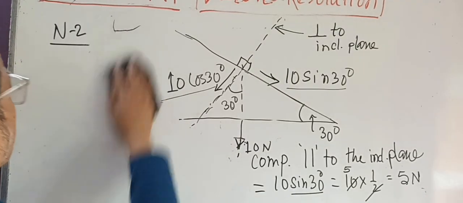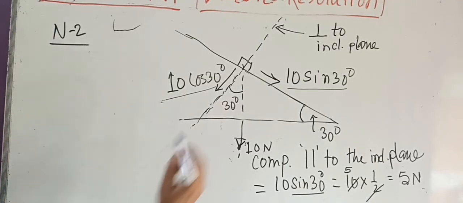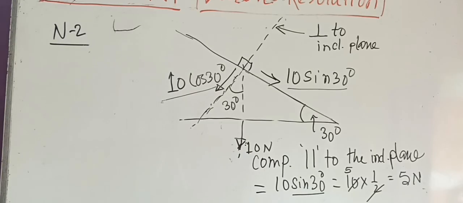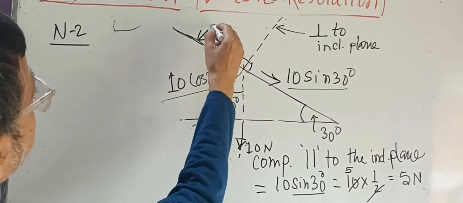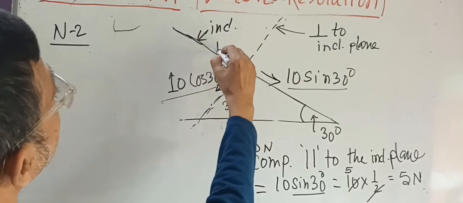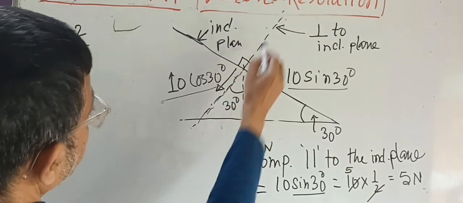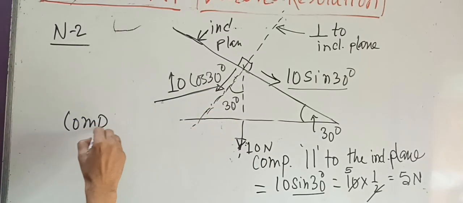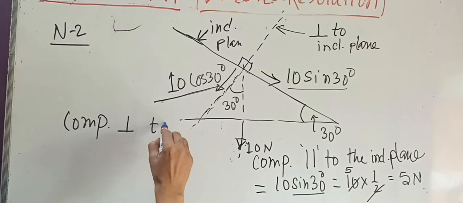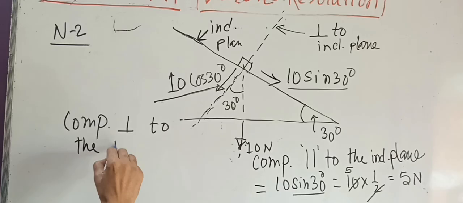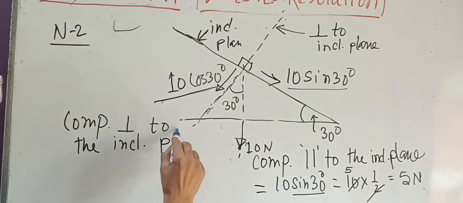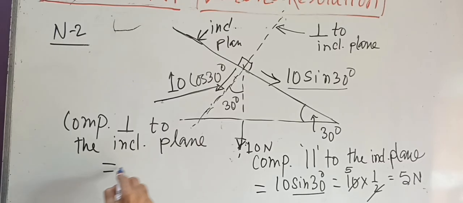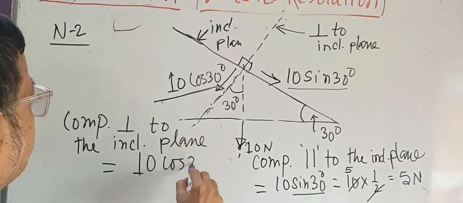Now, the component perpendicular to the inclined plane is 10 cos 30.